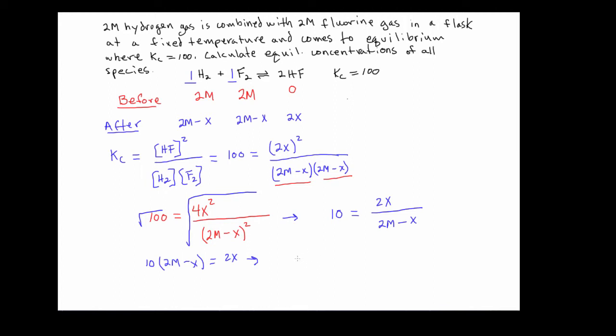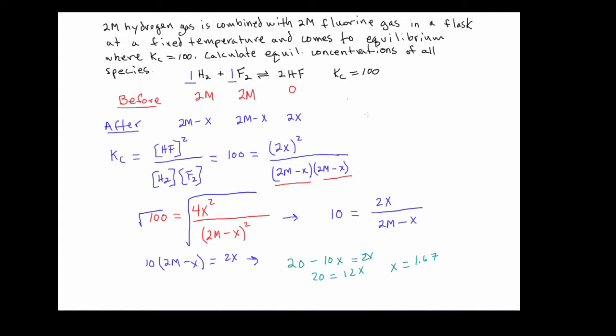We're going to have 20 minus 10x is equal to 2x, where 20 is equal to 12x, where x is equal to 1.67.